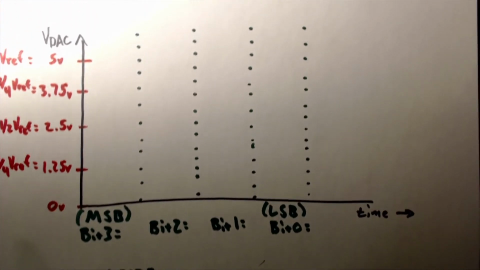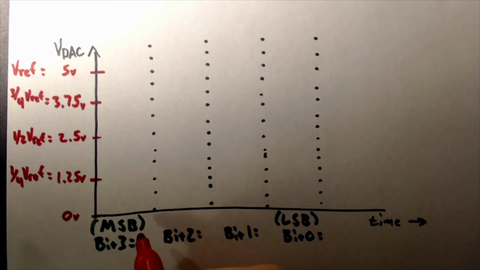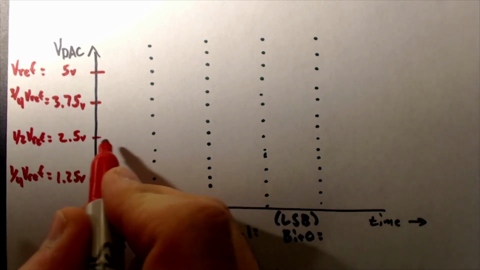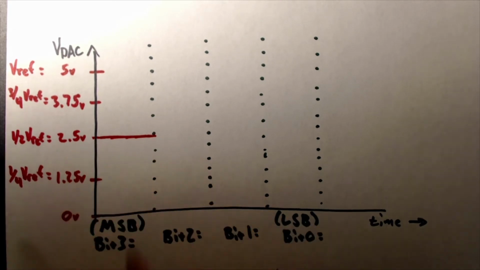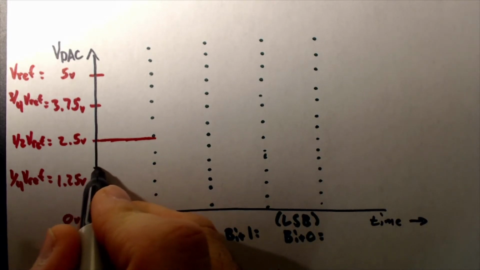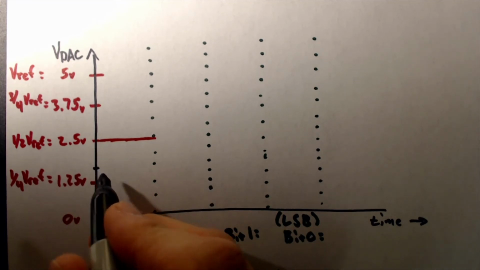Okay, so what did that look like over here? The first thing we did, we set that most significant bit high, and the output from the DAC was 2.5 volts. And VIN, I should also draw on here, is 1.6 volts.